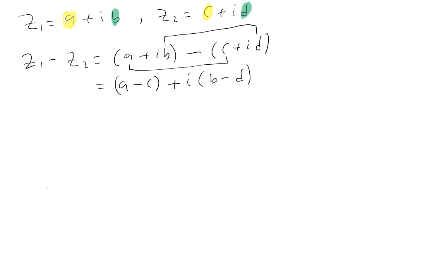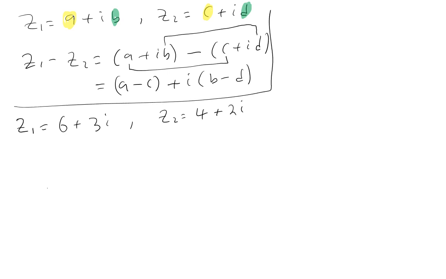Our example for this is, suppose we have z1 is equal to 6 plus 3i and z2 is equal to 4 plus 2i. Then z1 minus z2 is equal to 6 plus 3i minus 4 plus 2i. The real parts here are 6 and 4.